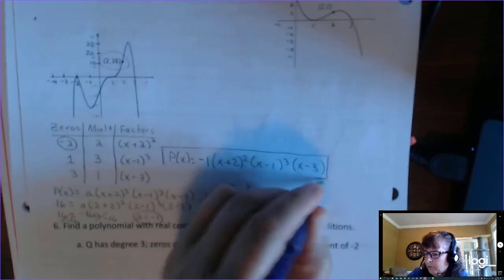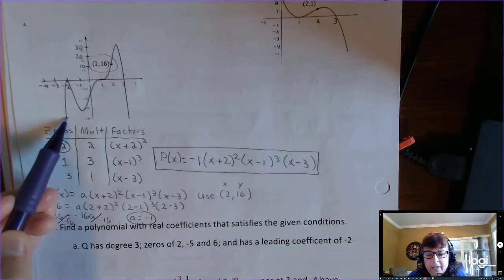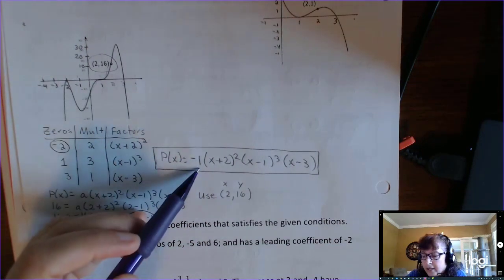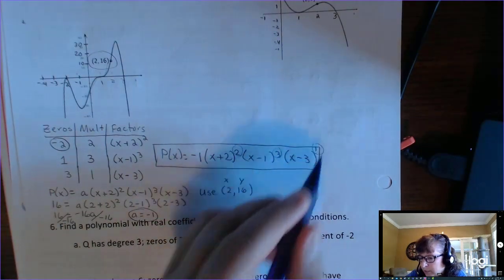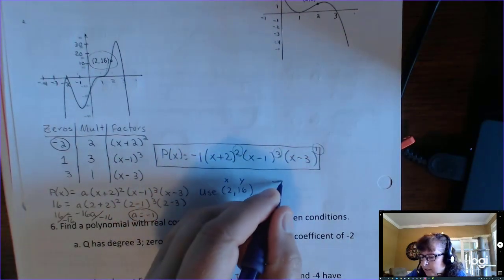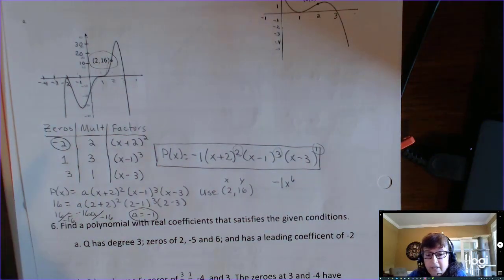And then if you want to use other knowledge, the end behavior is down, down. Your a is negative. That makes sense. Add up your degrees. 2 plus 3 is 5 plus 1 is 6. So negative 1x to the 6 is the leading term, and that does cause a down, down graph.